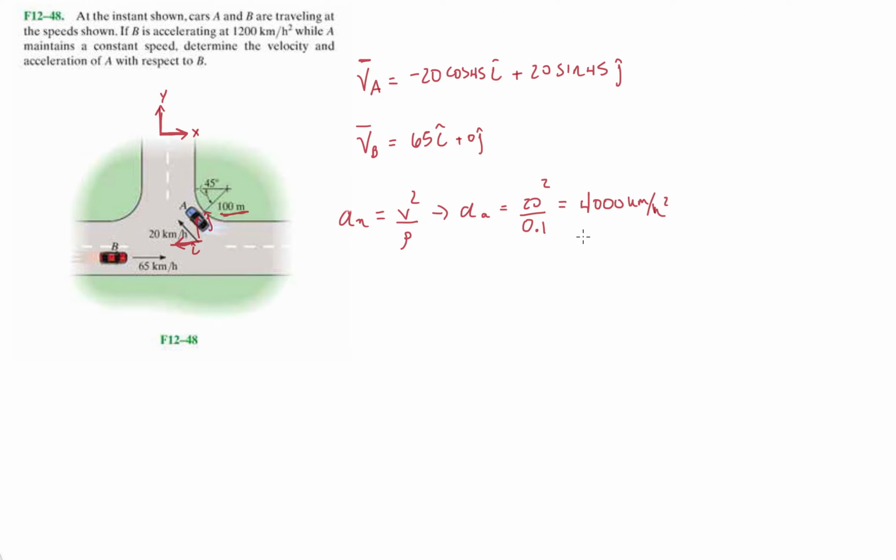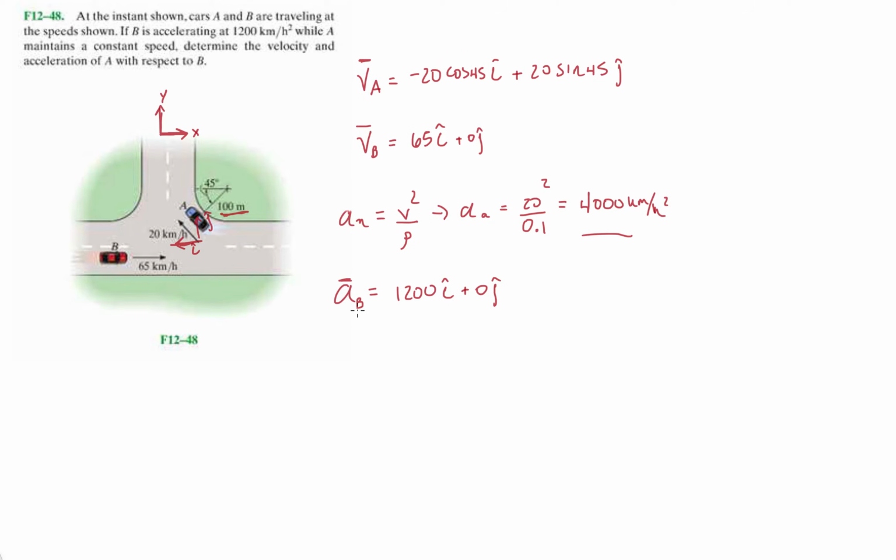This is the acceleration for A. Then B is accelerating, so the acceleration of B is positive 1200 kilometers per hour squared in the i direction, and again, no acceleration in the j.